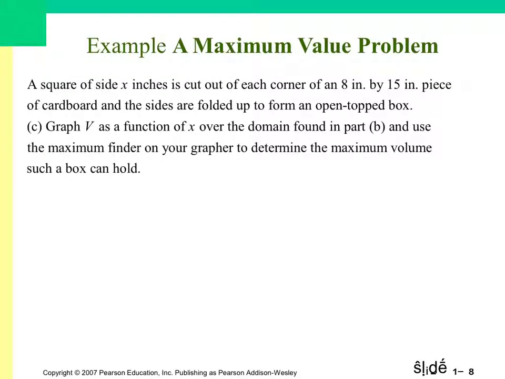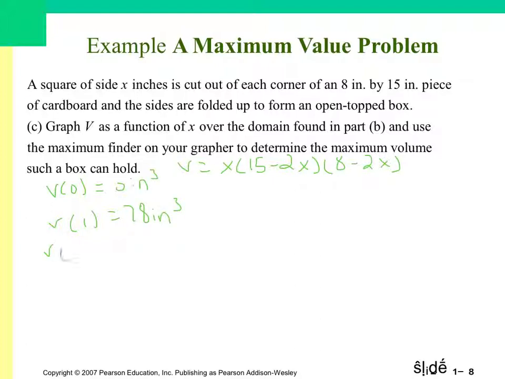Alright, so let's take a look here. If we say V of 0, you're going to get 0. And remember, we're plugging into this. So if you have 0, 0, if you have 1, plug in 1, you get 1 times 13 times 6, 78 inches cubed, because it's a word problem here.